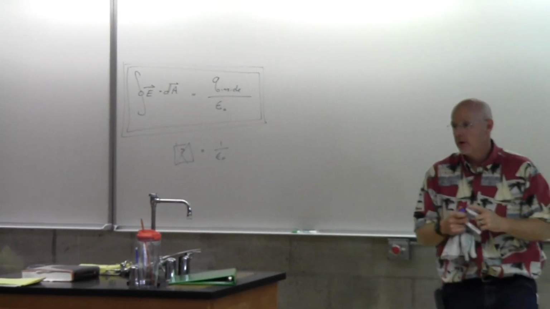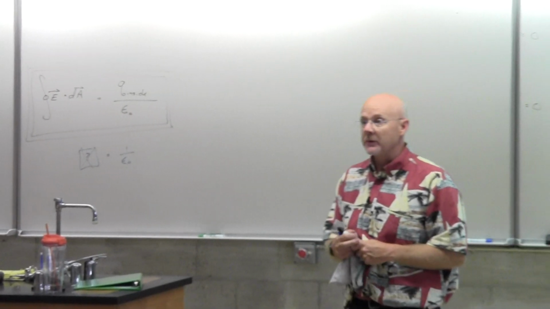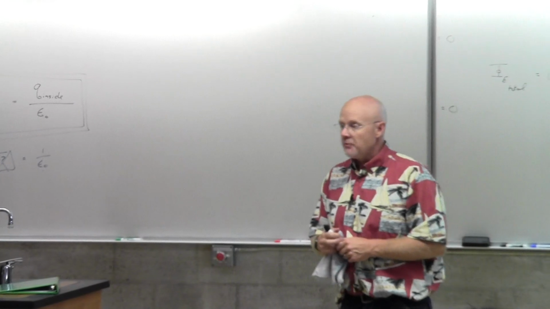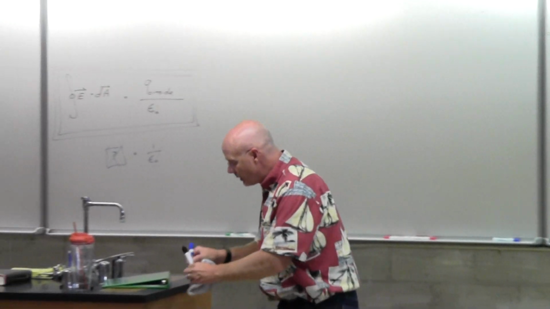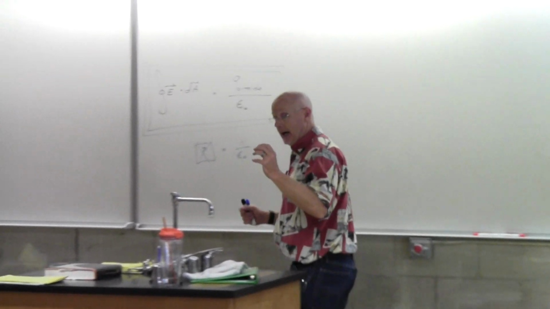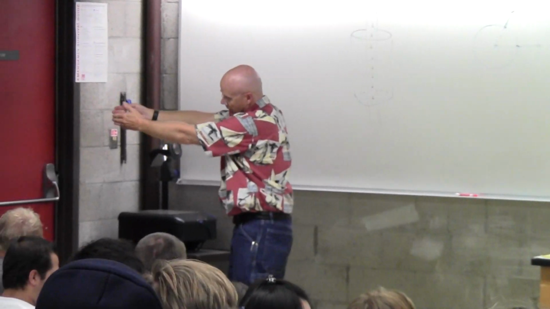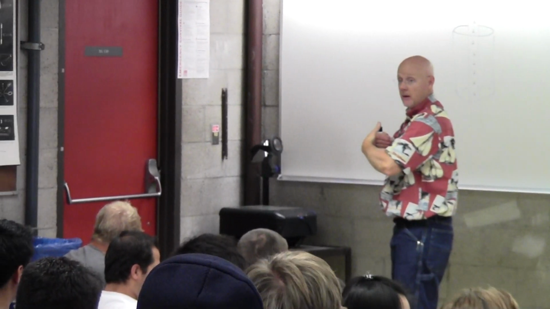Is there any way that you could bend an electric field? Or is it all linear? Well, remember, the electric field is created from the charges around it. So yes. This line of charge would be creating an electric field this way.